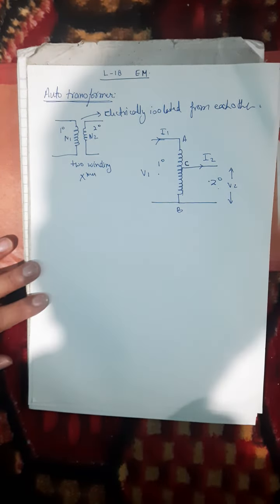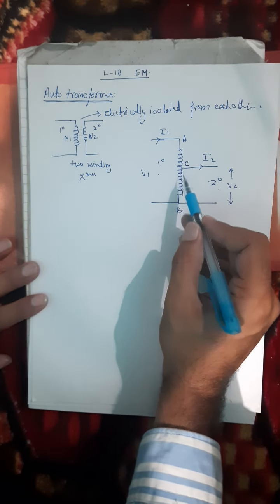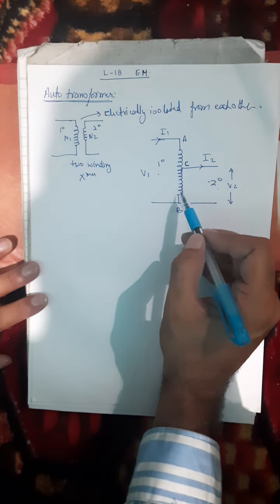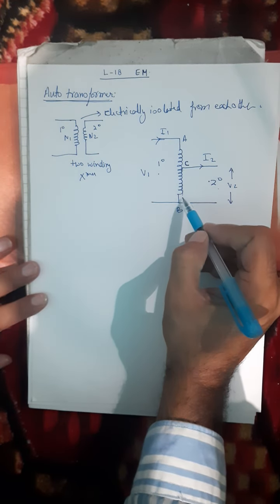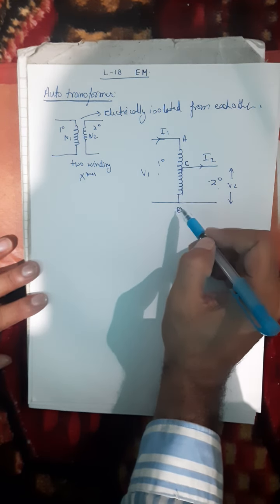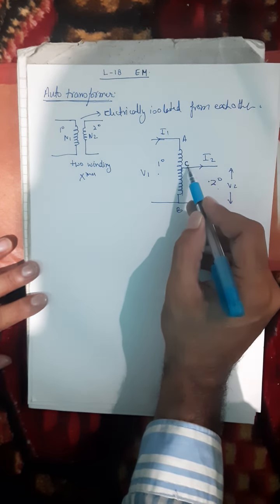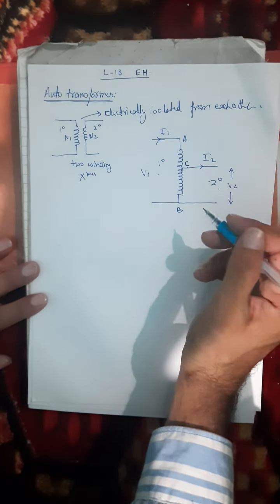In case of an auto transformer, the two windings are not electrically isolated from each other. Rather, a section of the same winding acts as the secondary. So which section of this winding AB is acting as a secondary? The winding section C and B is acting as a secondary winding.